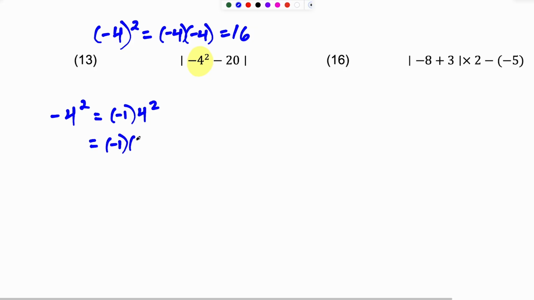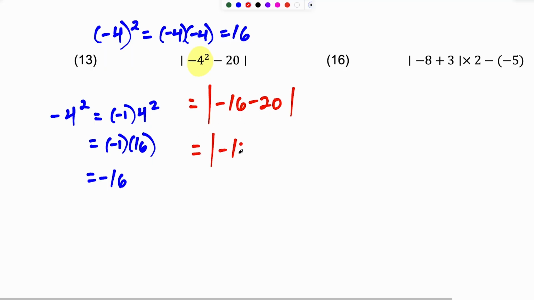So we have -1 times 16, which is -16. So now we could go ahead and evaluate this. We have absolute value of -16 and then -20. And for this one, this is the same thing as -16 plus -20. And if we have 16 negatives and we add 20 more negatives, that's 36 negatives. So we have absolute value of -36, which is equal to +36.